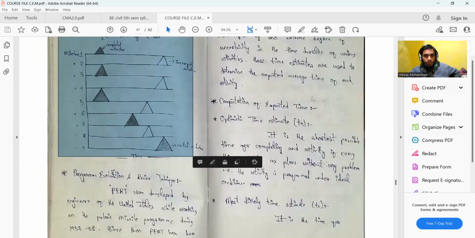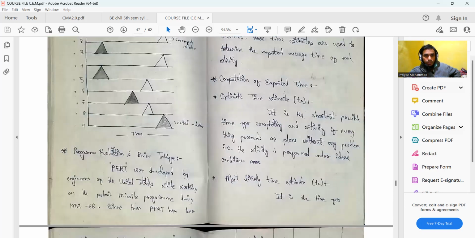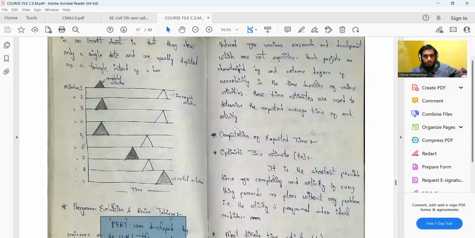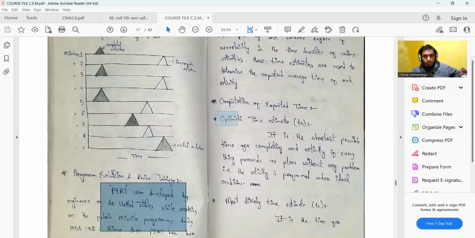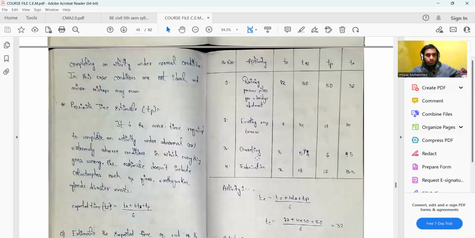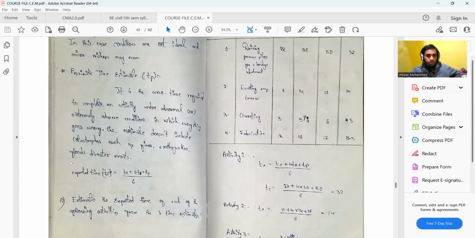For Program Evaluation and Review Technique, we have some introduction. It was developed by the engineers of the United States. Here we have three time estimates: optimistic time estimate, pessimistic time estimate, and the most likely time estimate, and you have the formula to calculate the expected time.